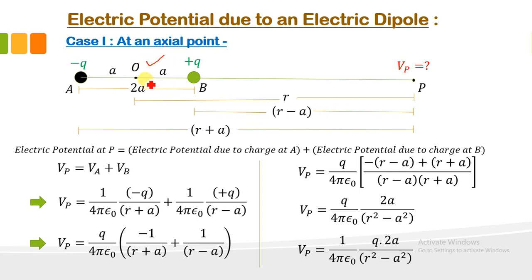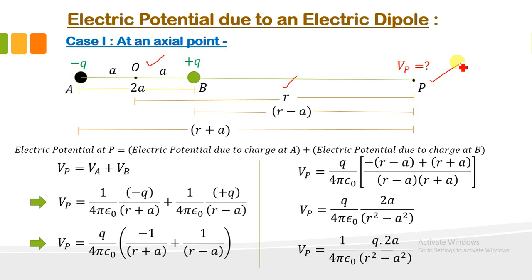From this center at a distance r, there is a point P where electric potential is to be calculated. We have divided this whole topic into 3 cases. In the first case we will take an axial point, then an equatorial point, and finally a general point.